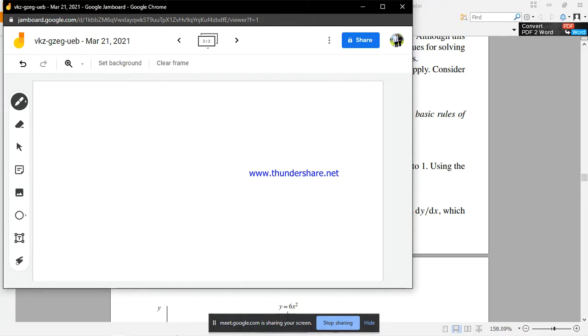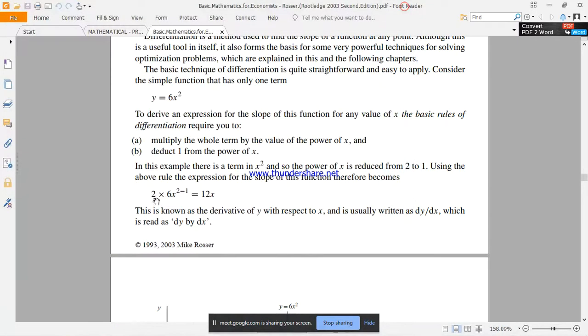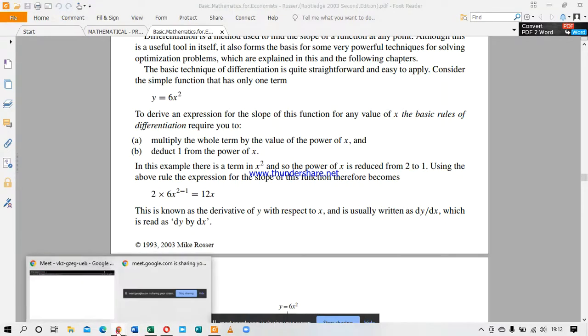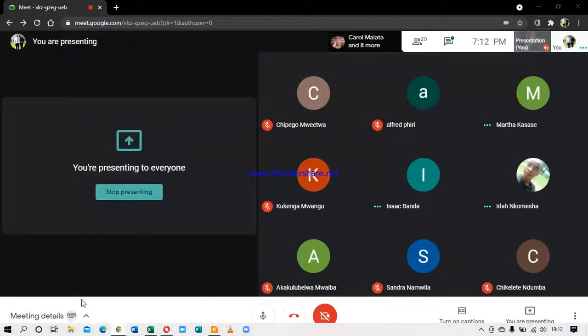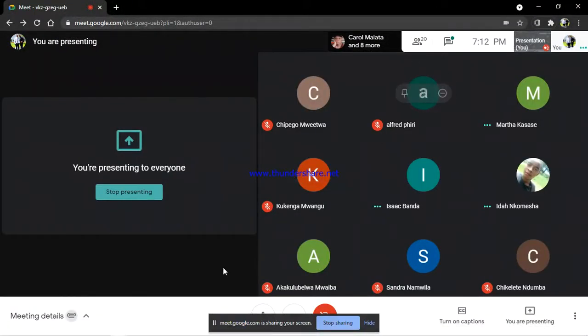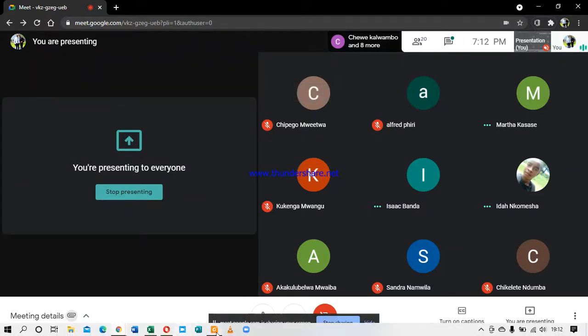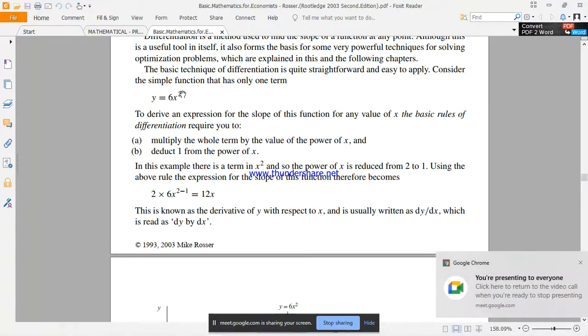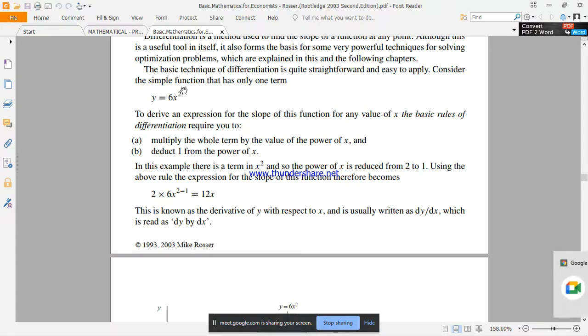But as we wait for this to get back to normal, what we are saying is that for me to find the change in y per unit change in x, I'll just multiply 2 in this case, which was our n there, times a, which is 6 in this case. Then I'll keep my x, then reduce the power by 1.